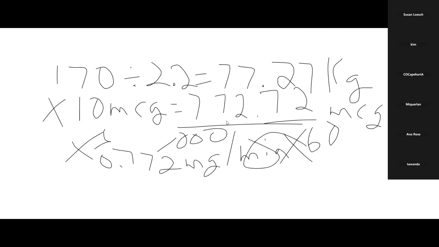So my 0.7727, blah, blah, blah, times 60 gave me 46.36. And I had 500 milligrams per 500 mL, so I really don't have to do the math there because that's going to be a wash. Right.